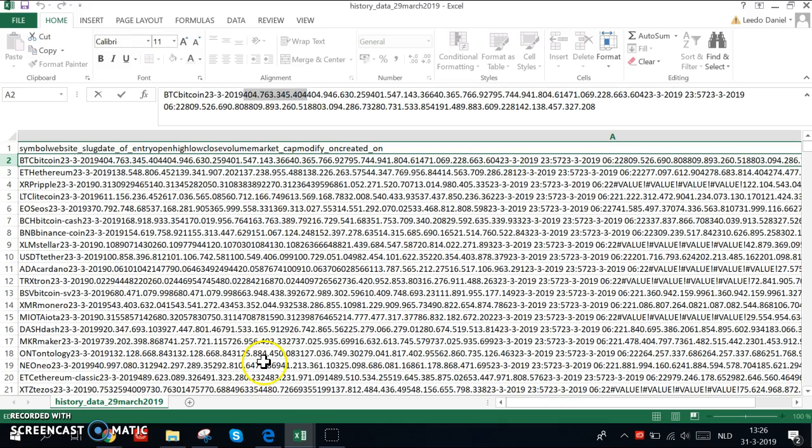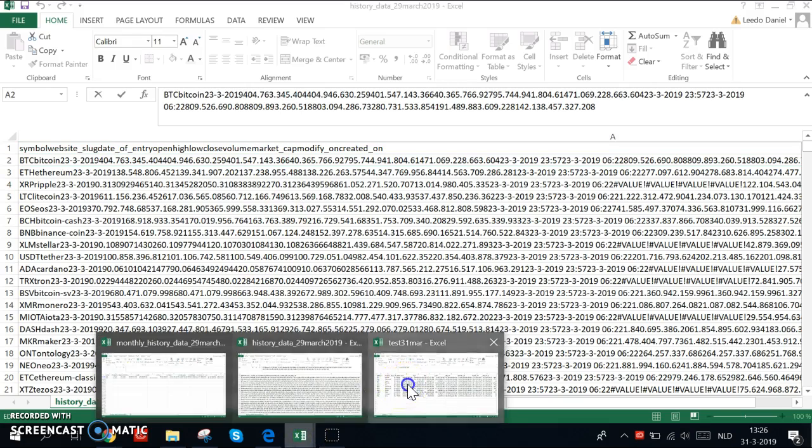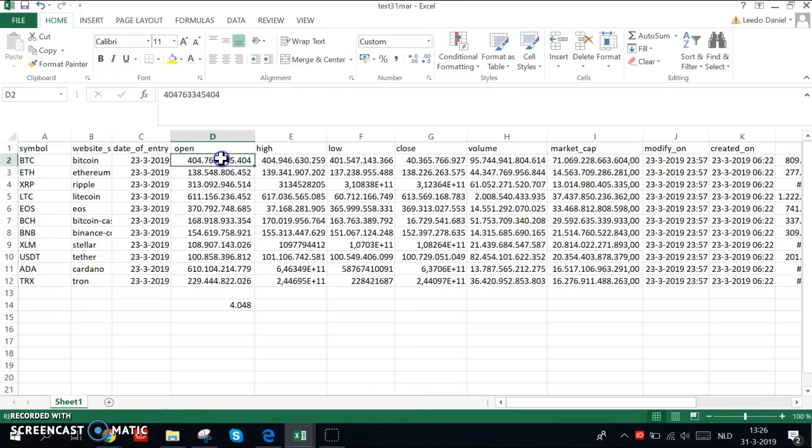And then when I split this in CSV, it continues to see it as one big number. So this price right here is supposed to be this number here, looking like this.